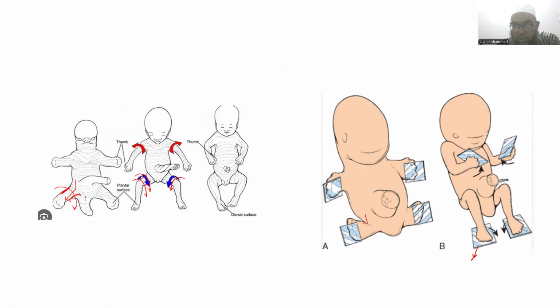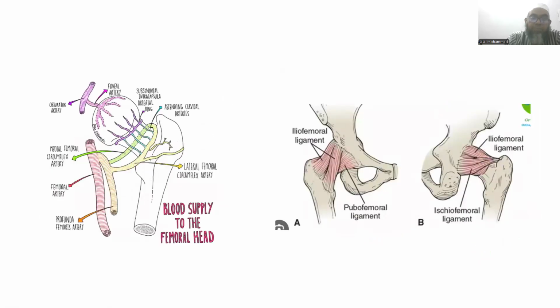If you see here, these are the lateral vessels, the medial vessels, and this is the foot facing anteriorly. Now it has rotated and the foot is facing downwards. So the vessels which are lateral will become anterior, and which are medial will become posterior. This is a little about the rotation and development of the limb, which is relevant to the vascular supply of the proximal femur.